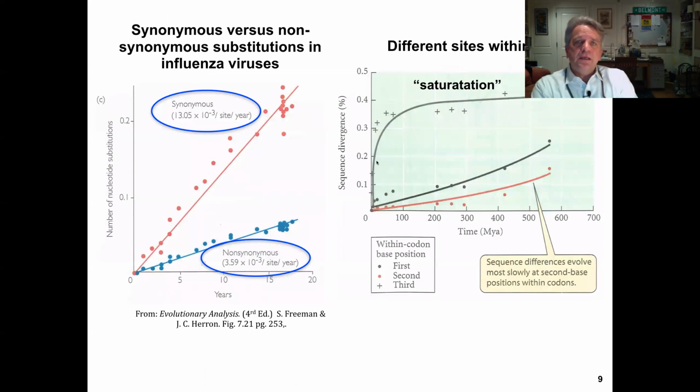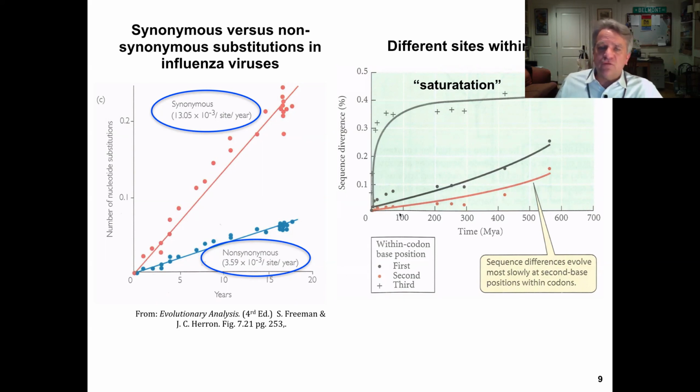Now, the synonymous and non-synonymous substitutions are clearly evolving at different rates. Here we're looking at the number of nucleotide substitutions in years of isolation of different influenza viral lineages. And we can see that the synonymous substitution rate is much higher than the non-synonymous substitution rate. And even if we look at the different sites within the codon, we see differential rates of evolution.